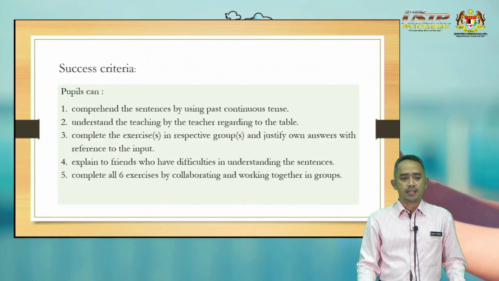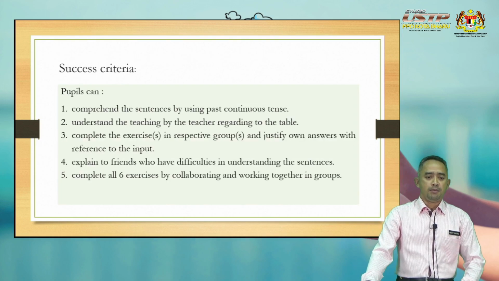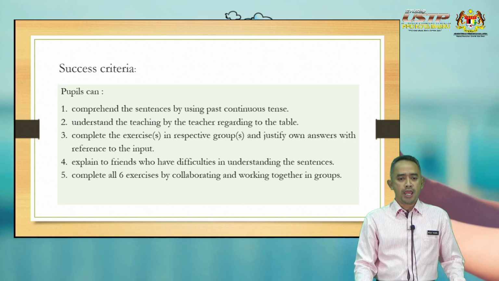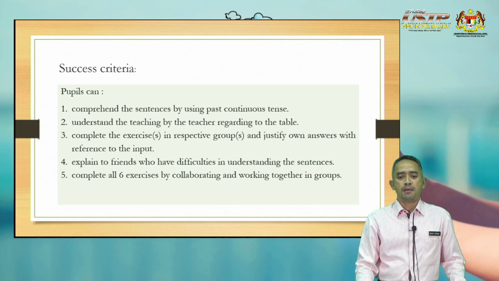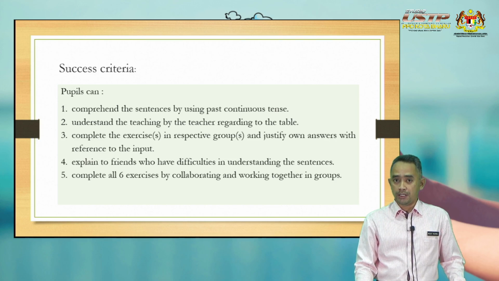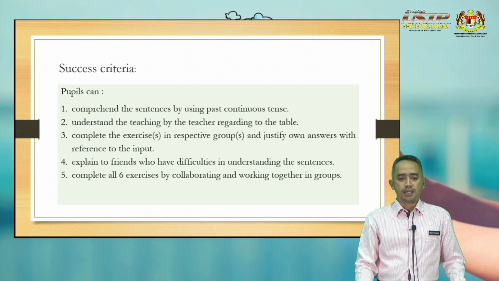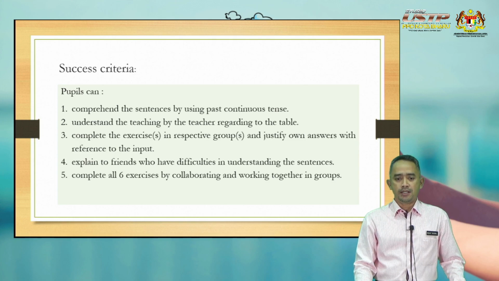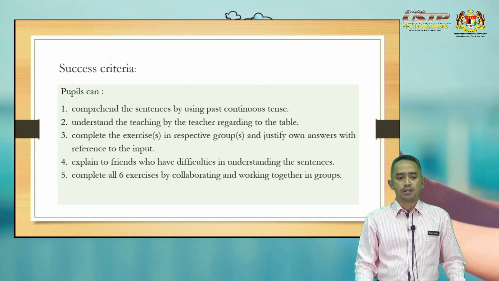Next, success criteria: pupils can comprehend sentences using past continuous tense, understand the teaching by the teacher regarding the table, complete the exercises in respective groups, and justify own answers with reference to the input.